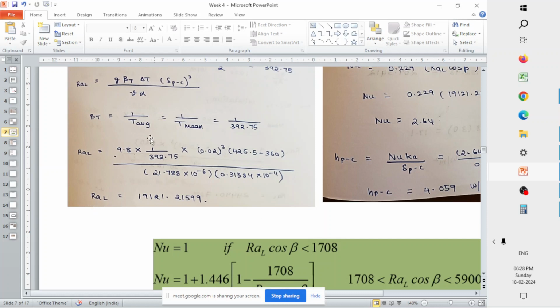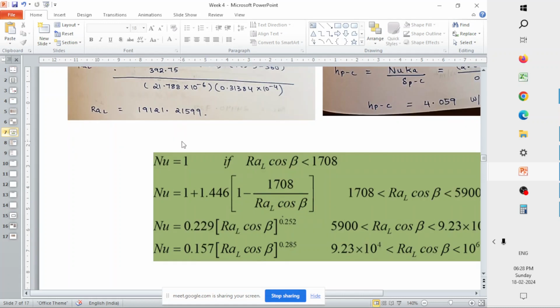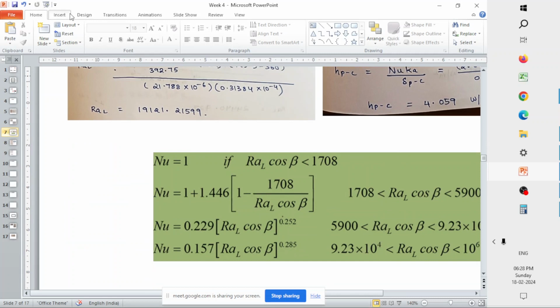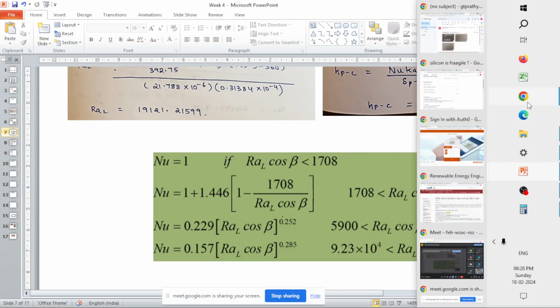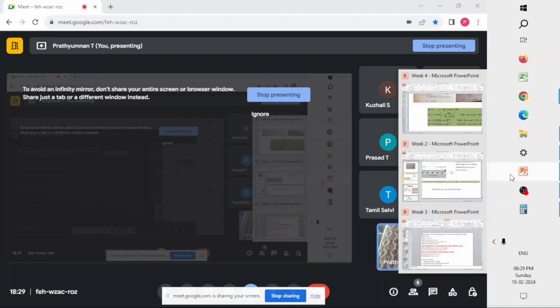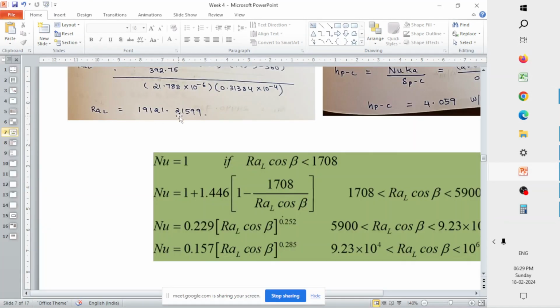So now if you calculate this entire expression, your Rayleigh number will be approximately 19,121.215. Now you have to check. So you know the value of RaL. Let's calculate the value of RaL cos beta, or if you want, you can let me know what the value of RaL cos beta is. It's simple. RaL value is known, 19121.21599.